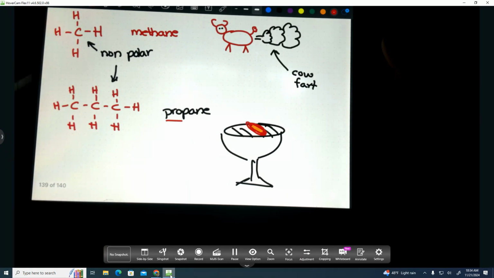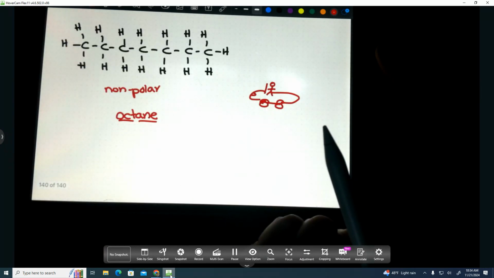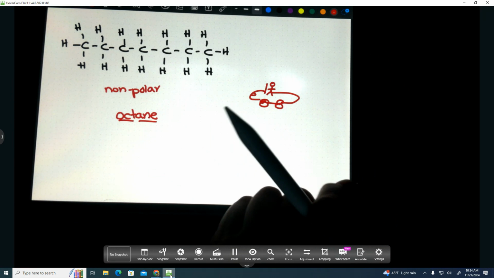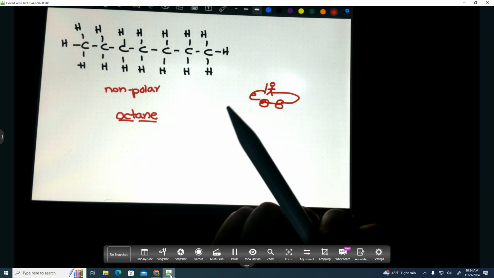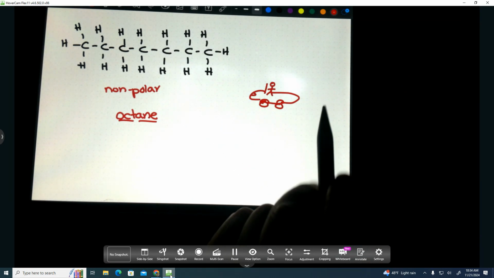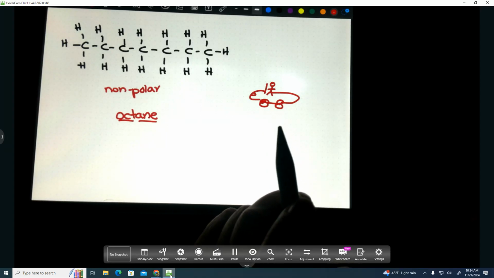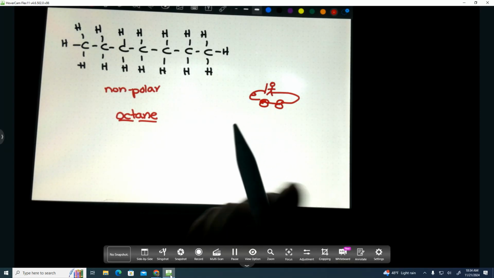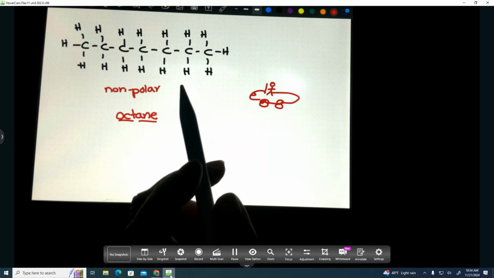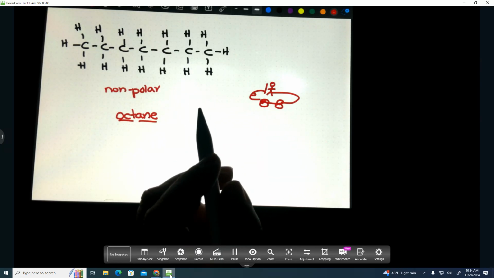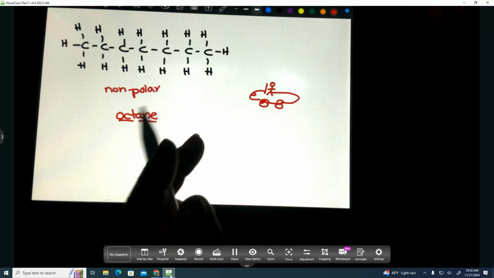As the molecule gets bigger, the intermolecular forces get stronger. And the boiling points get higher. That is extremely important. The bigger the molecule, the stronger the intermolecular forces, the higher the boiling point and melting point. That's the last thing we're writing down today. I should say the stronger, not the higher. Let's change that to stronger.